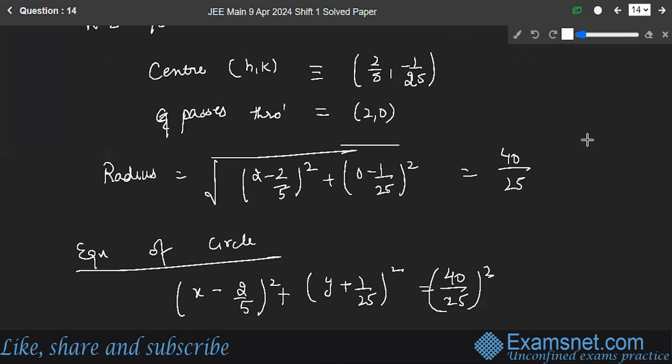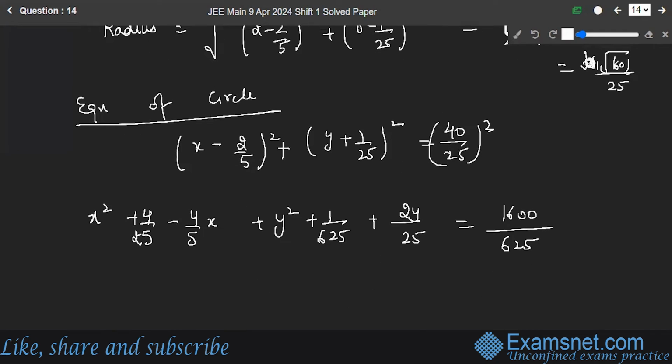Here, this will come out to be, let's resolve it here. This will be 8 upon 5, which is 64 upon 25, plus 1 upon 625. This will give you root of 1601 upon 25. So the radius squared will be 1601 upon 625. Now let's do the cross multiplication.